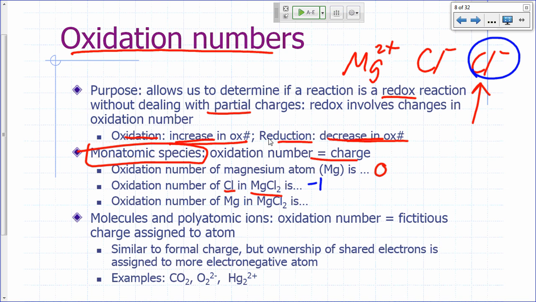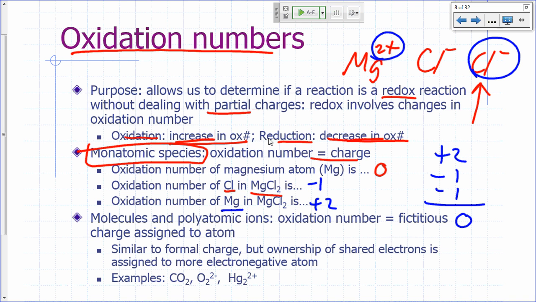So each chlorine in magnesium chloride has an oxidation number of -1. What's the oxidation number of magnesium in MgCl2? +2. Yes, the total is 0, because you have a +2 and two -1s. That's a total of 0.